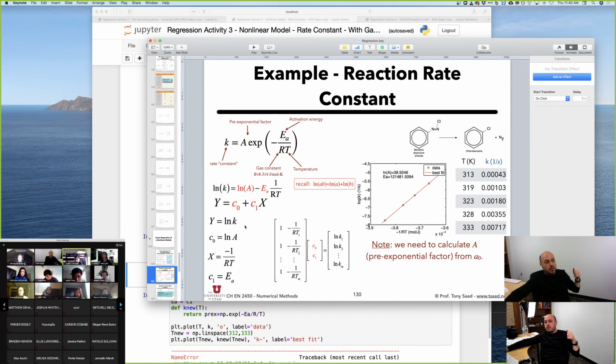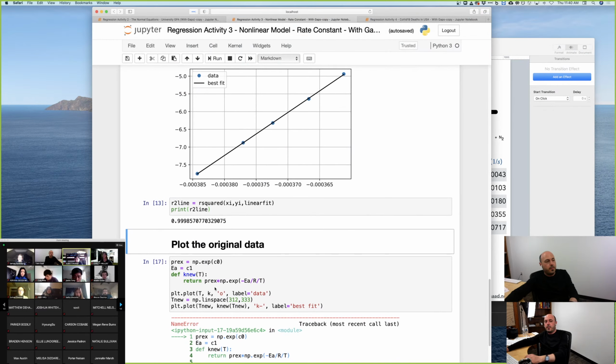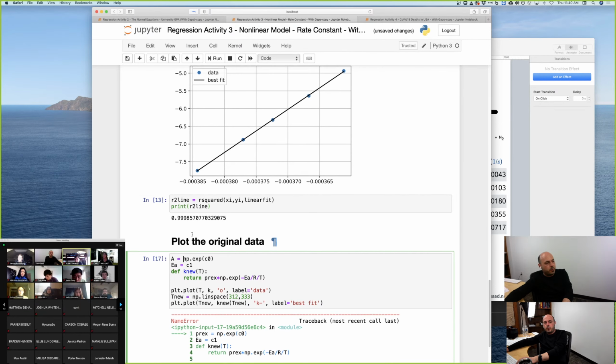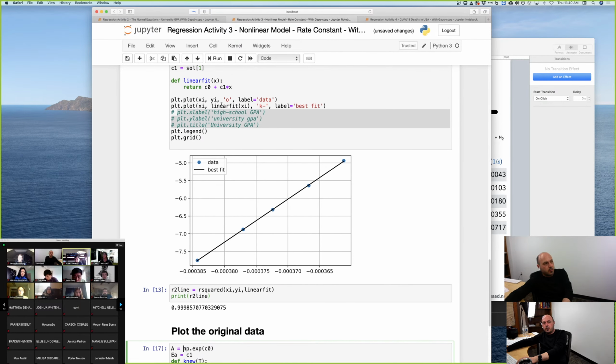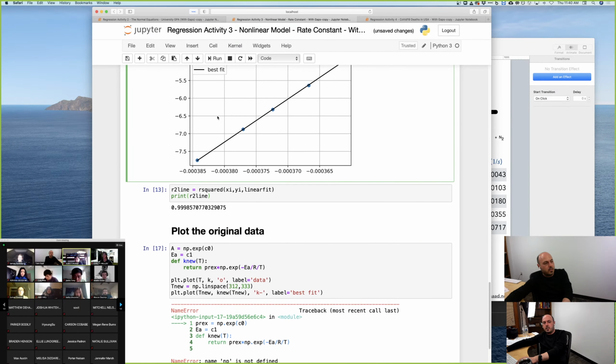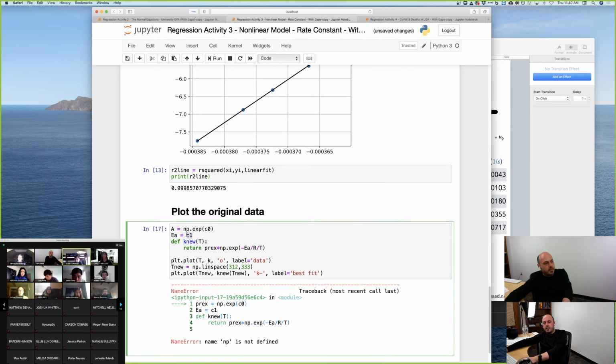And EA is simply C1. And that's what I want to do here. The original A, the pre-exponential factor, is the exponential of C0, that coefficient that we calculated here. And EA is simply C1.